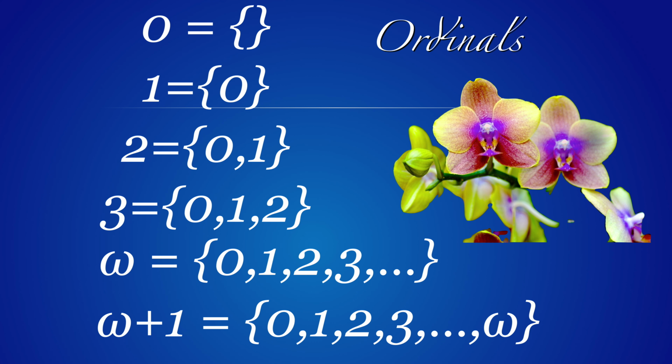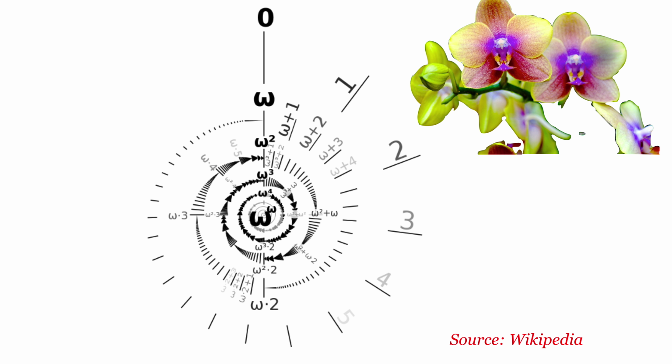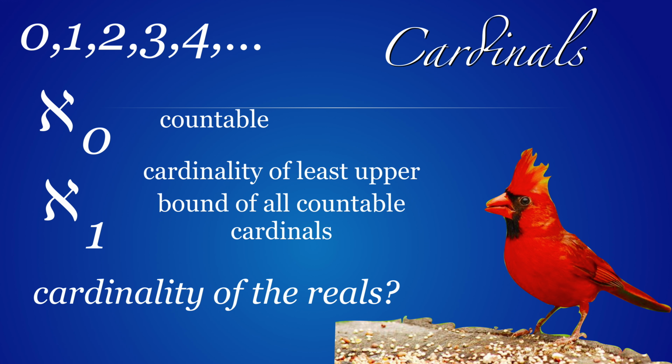The ordinals are just the numbers we know, and then Cantor starts to build the first transfinite number, called omega, which is not finite, and then you can continue counting. We have omega plus 1, omega plus 2, omega times omega, omega squared, omega cubed, omega to the omega, etc. So there's a whole universe of new numbers.